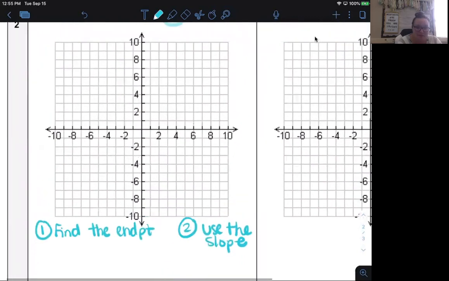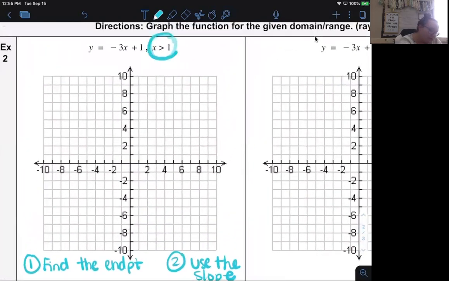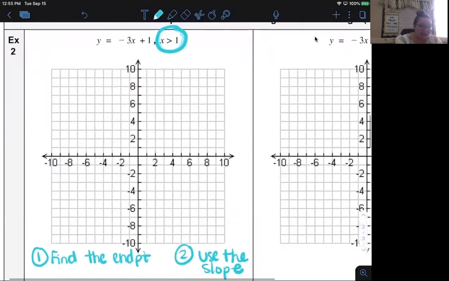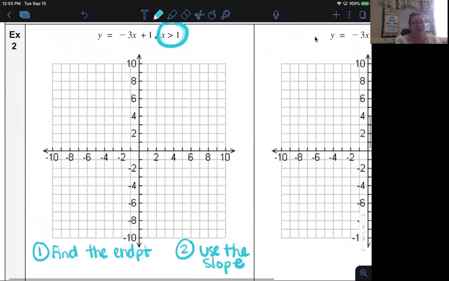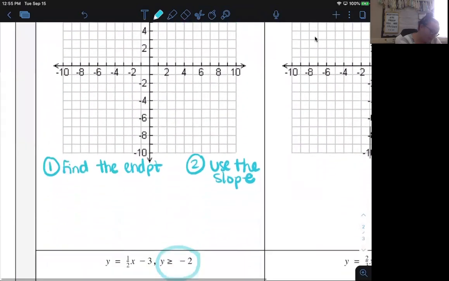To find the endpoint, you use whatever restriction you're given. Our restriction is that x has to be greater than 1. So the endpoint will be at 1 and something, and we have to find what the y value of that point is.